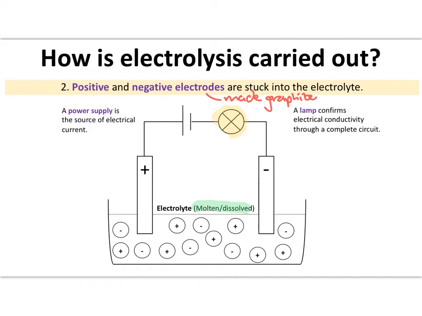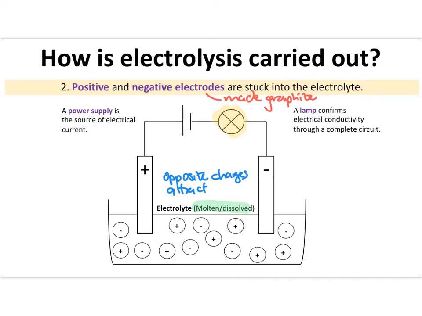Okay, so one of the key things about charges, which you might realise from your physics, is that opposite charges attract. This is electrostatics. In fact, we know that already from our ionic compounds. We have ions of opposite charges attracted to each other.